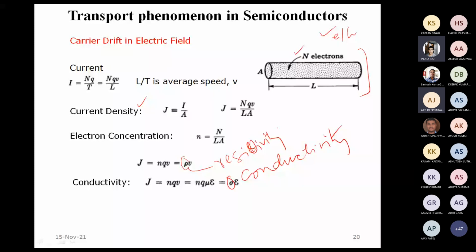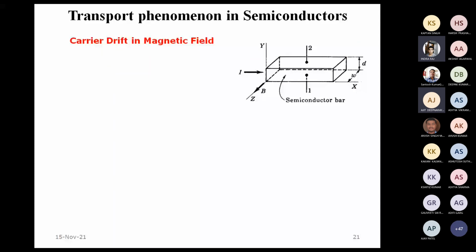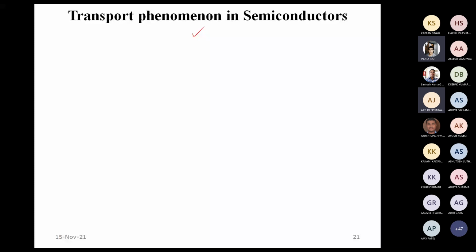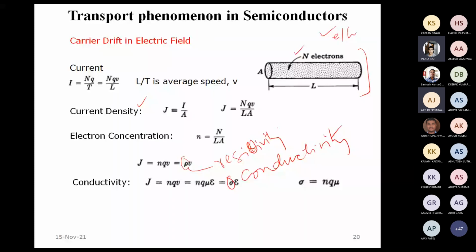And the transport phenomena in a semiconductor we can see is due to the magnetic field. The previous phenomena were based on the electric field, and this latter one is in the magnetic field.